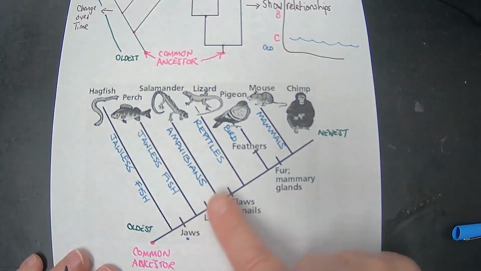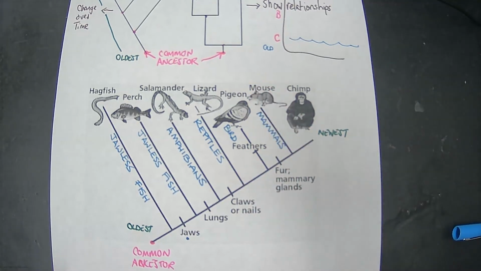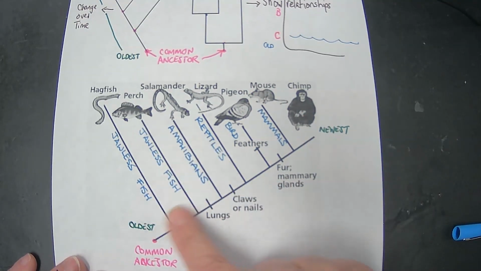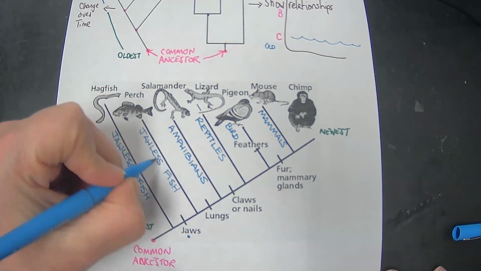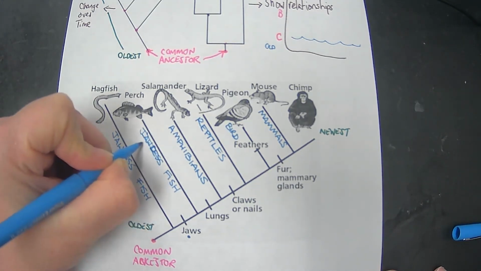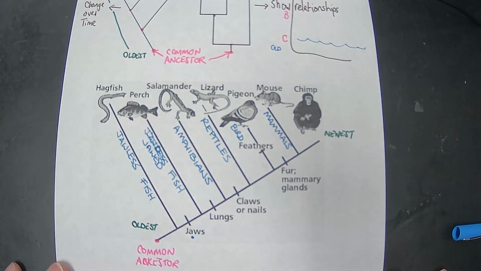If you were to look at the DNA of this, you would find that chimps share more DNA in common with mice than they do with jawless fish. And jawless fish probably share more DNA with... that should not say jawless, that should say jawed. I have to change that. That should say jawed fish, right?